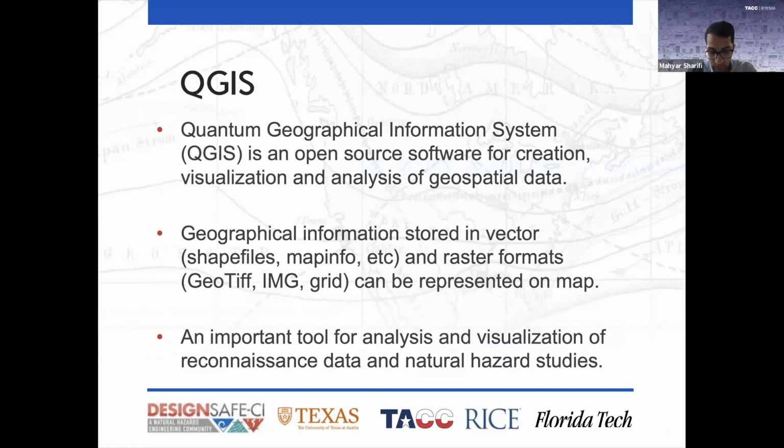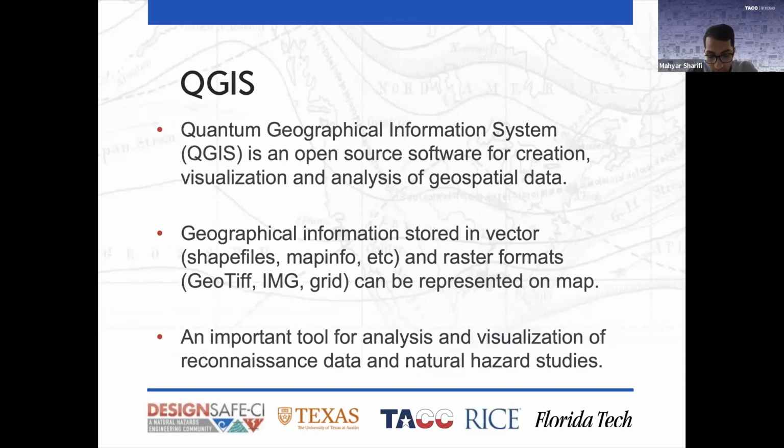The first one is QGIS, or Quantum Geographical Information System, which is an open source software for creation, visualization, and analysis of geospatial data.